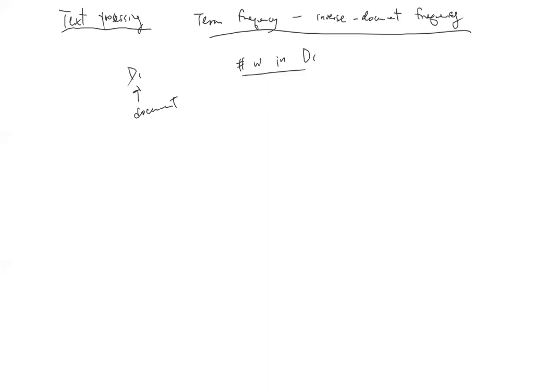So it will be the number of occurrences of the word in D1 over the total words in D1, multiplied by the inverse document frequency, which is specified by something like this: we take the log of the total number of documents over the number of documents with W.